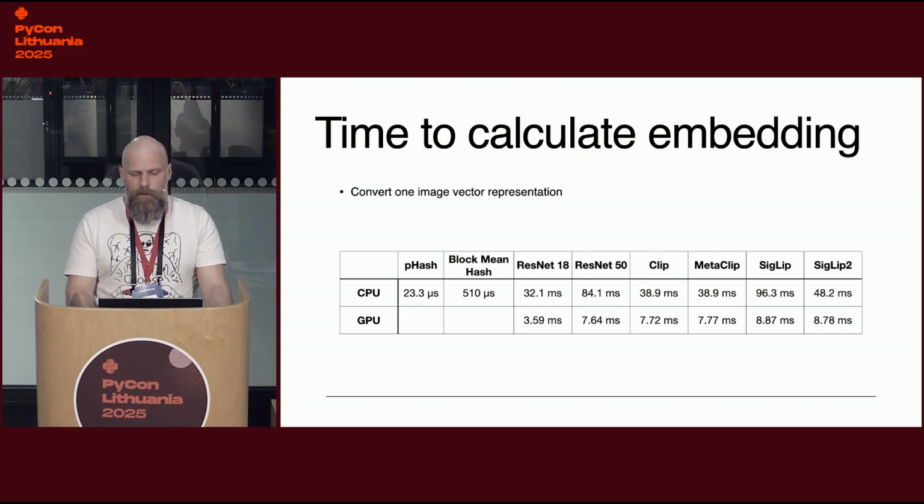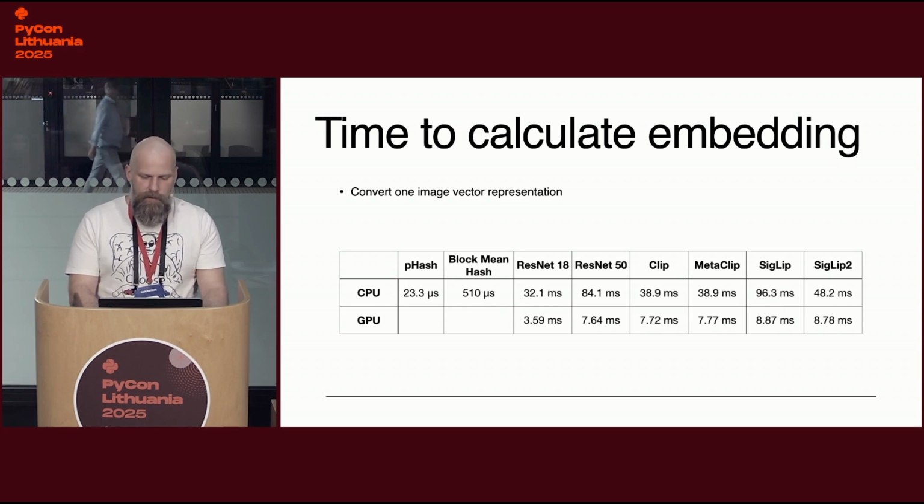In case of neural networks which work on GPU, we can speed up quite a lot by batching some amount of images into one set and calculating embeddings for all those images in one batch. So ResNet would probably be close to block mean hash in such a setup.